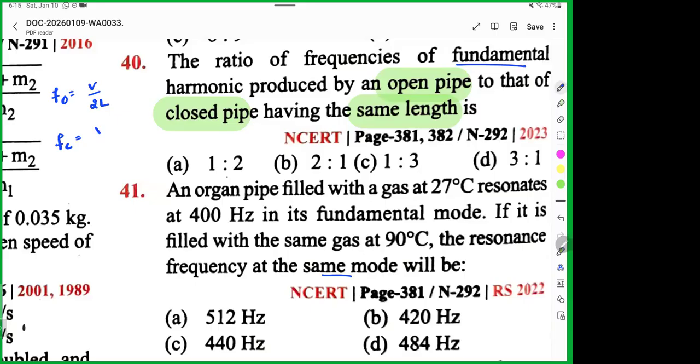And here frequency is V by 4L. Okay. You are calculating their ratio. V by 2L divided by V by 4L. V cancels, L cancels, 2 and 4, it will be 2:1.